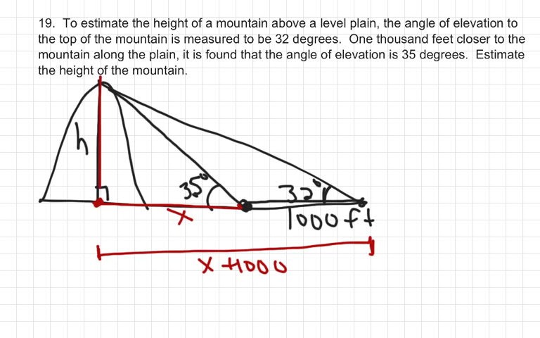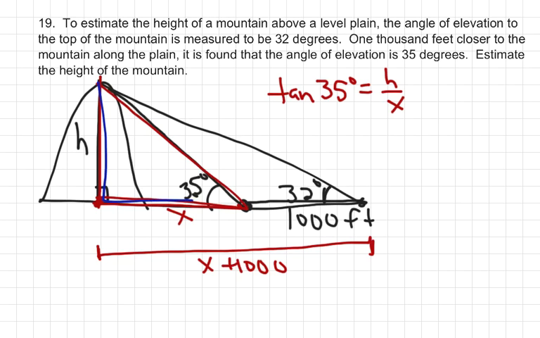So let me start with this triangle here. To find the height of the mountain, we're going to use tangent because opposite 35 degrees is the height and adjacent is x. So the tangent of 35 degrees is equal to h over x.